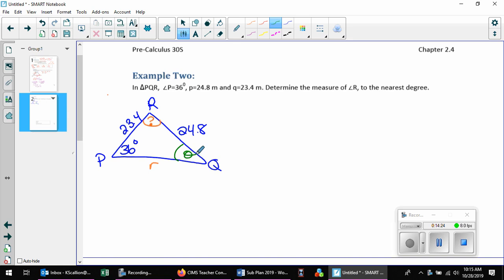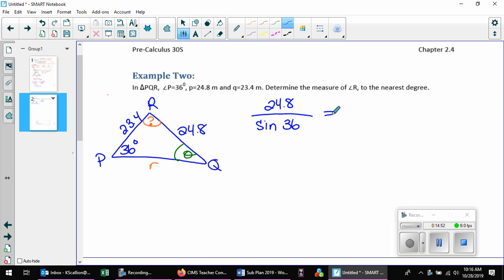Right. So that means I'm going to set this up. What I like to do is set up my knowns first, so the ratio that has all the information in it. I don't know why I like to do that, but I do. So I have 24.8 over sine of 36. It's a habit that I got into, and you do not have to follow that. It's just something that I do.